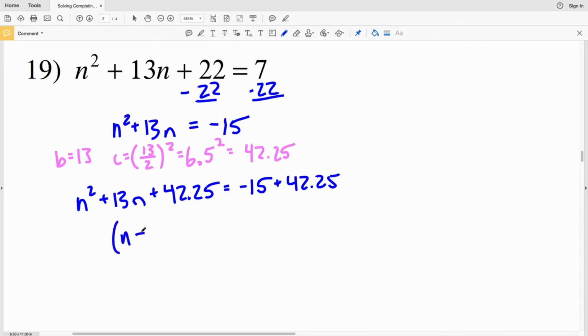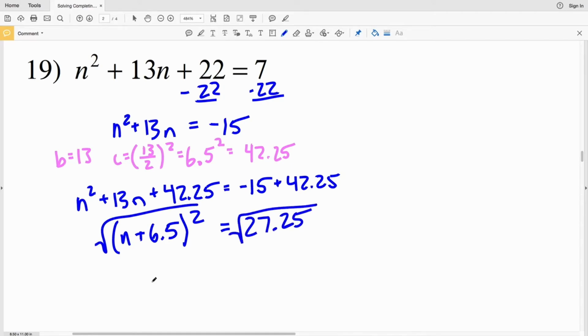So we'll have n plus 6.5 and that quantity squared. That's going to be equal to -15 plus 42.25, which is a +27.25. So now we're going to take the square root of both sides. So n plus 6.5 equals either positive or negative square root of 27.25.